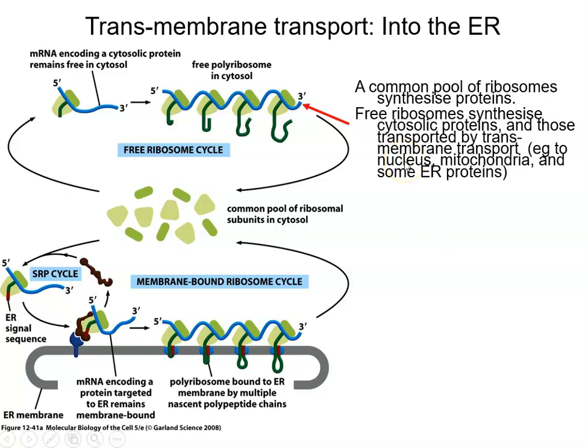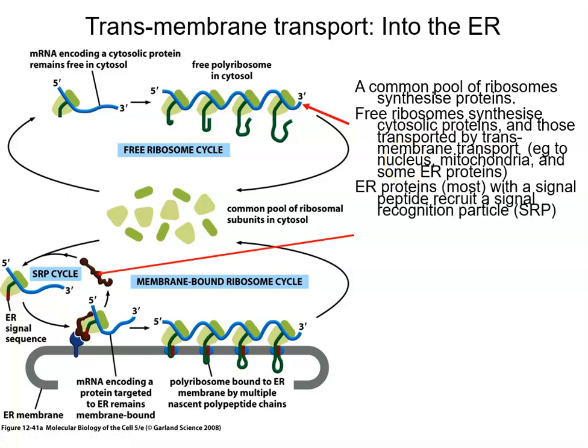In contrast, endoplasmic reticulum destined proteins are made by the same ribosomes, but as the mRNA is translated and the peptide sequence starts to emerge from the ribosome, an endoplasmic reticulum signal sequence is the first thing to be produced. That will link up with a signal recognition particle, or SRP, and that SRP will bind to the newly emerging peptide and pause translation.